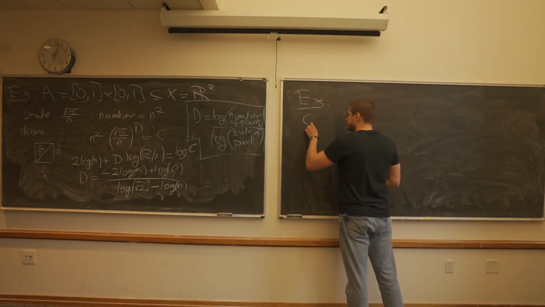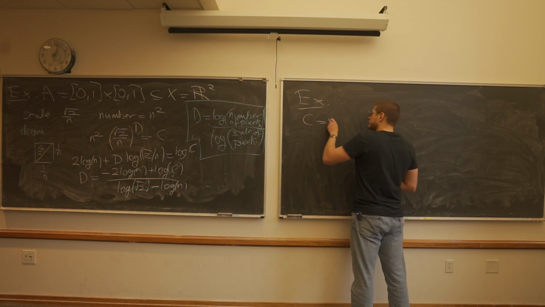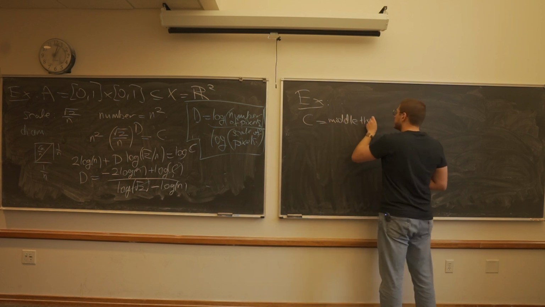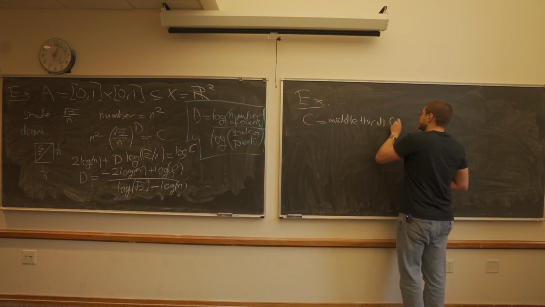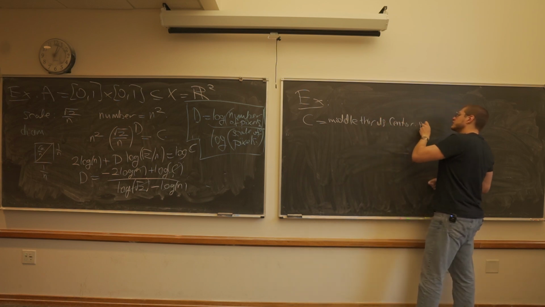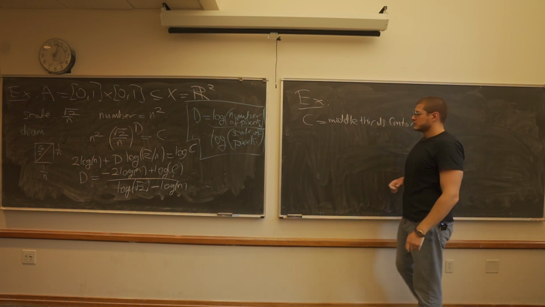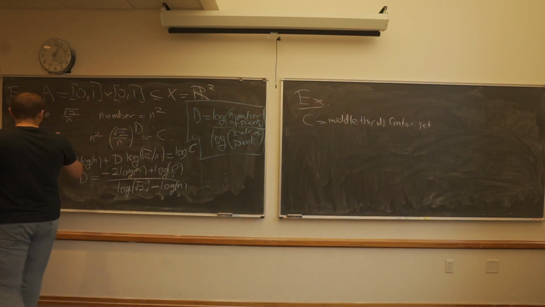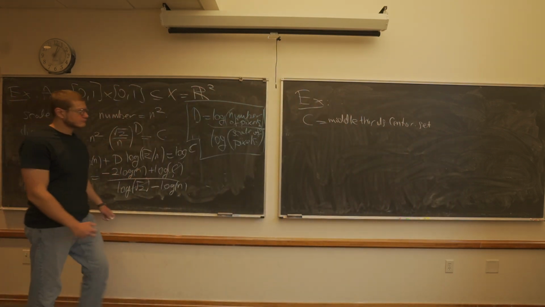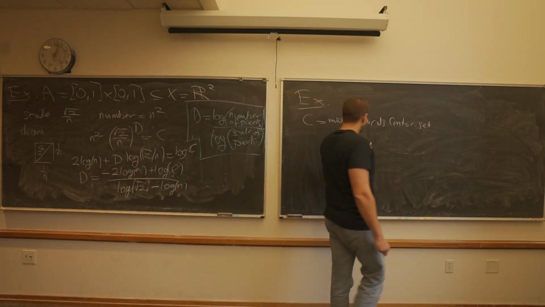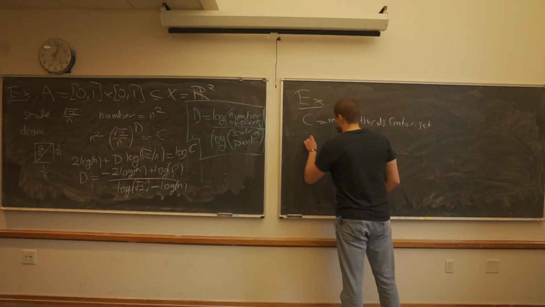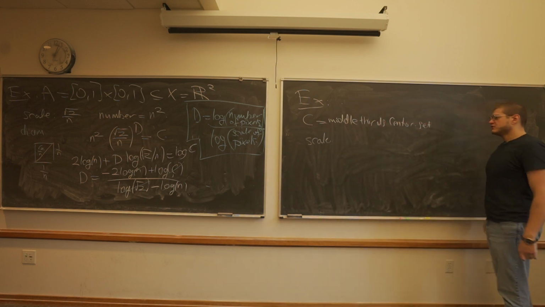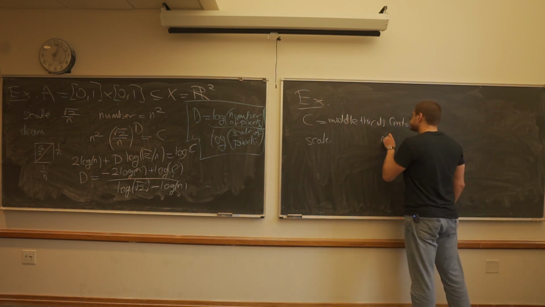So let's say that C is the middle thirds Cantor set. So again, I want to come up with a heuristic like this. I need a scale, and I need a number.